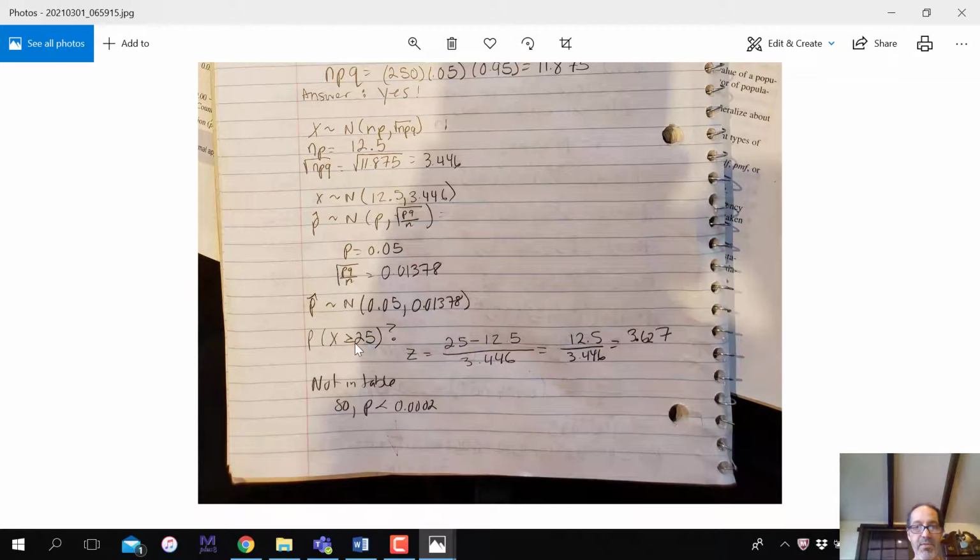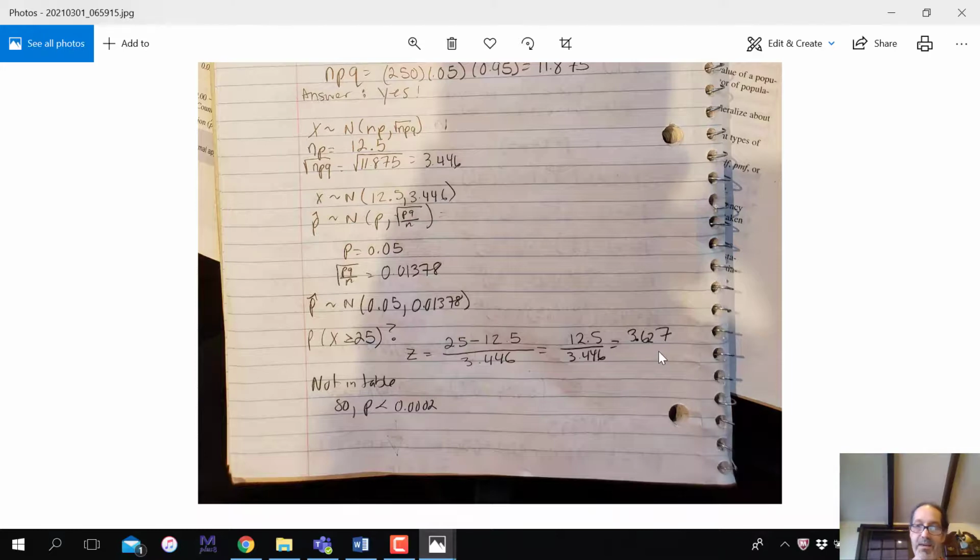That means the probability that X is beyond that value is going to be very, very small. What I would do here is ask, what's the probability that X is less than or equal to 25, so to the left. Remember, the table gives us everything to the left of your Z value. I look in the table and I cannot find that Z value.